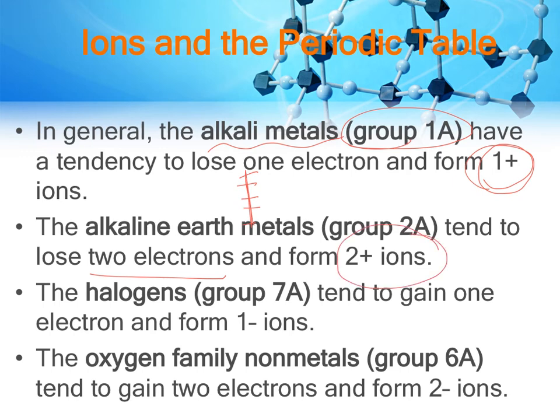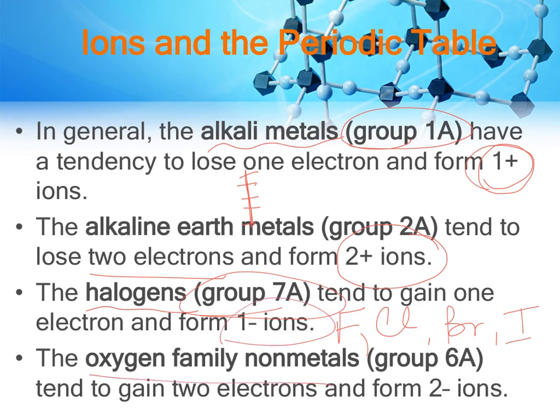end up with a +2 charge. A couple of other common groups that make the same charge ion all the time: the halogens, which are group 7A, like fluorine, chlorine, bromine, iodine. They're nonmetals, they tend to gain an electron and form -1 ions.